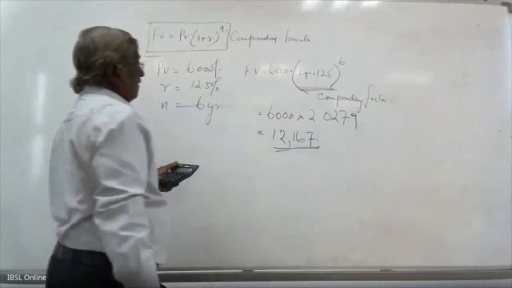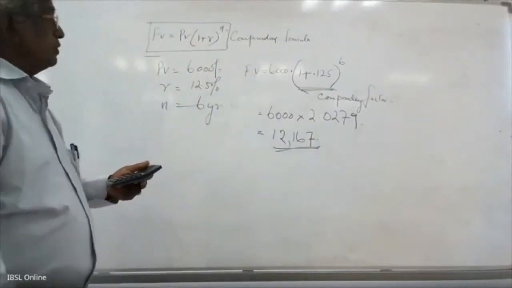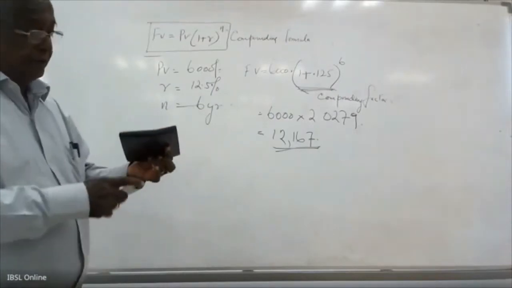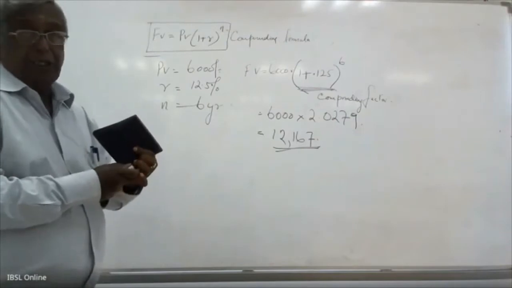This is the future value of the present 6,000 at an interest rate of 12.5% at the end of 6 years. Even with a simple calculator, you can calculate.